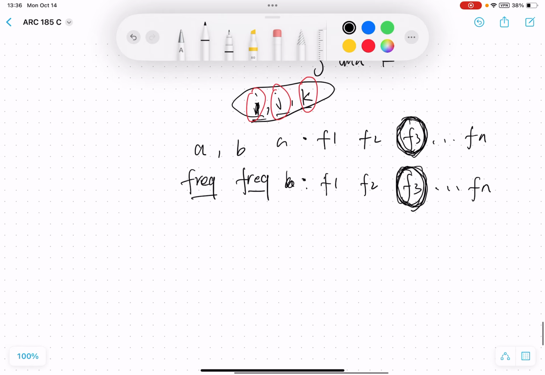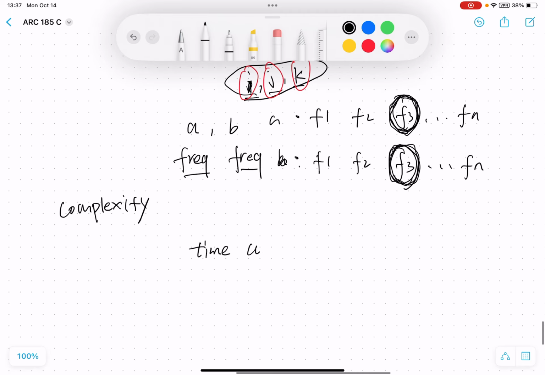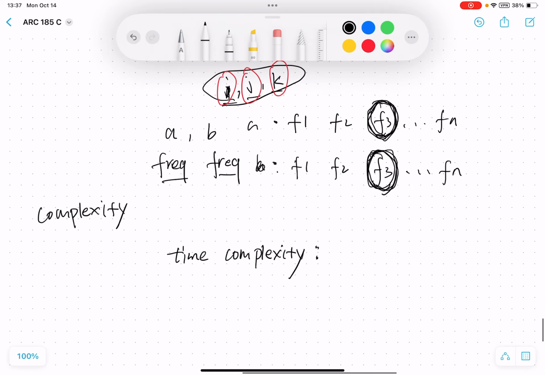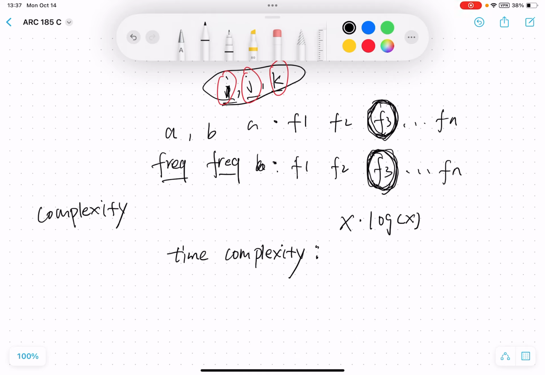Let's talk about the third part. The third part is complexity. First is time complexity. For the convolution part, the complexity is x log x, and the solution part, the last part, is O(n).